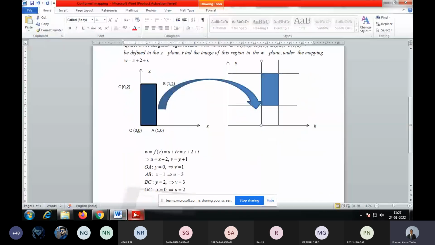So OA and OC, what is the angle between them? 90 degrees. OA is transformed here and OC was transformed here. So you may see the angle between these two lines is again 90 degrees.